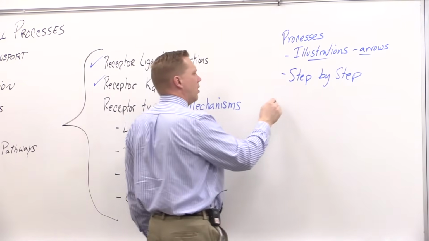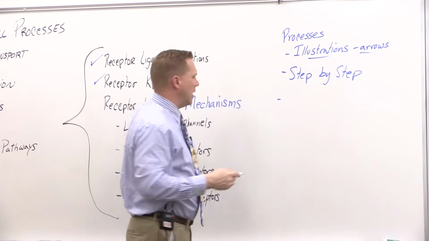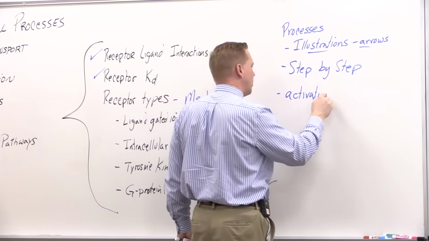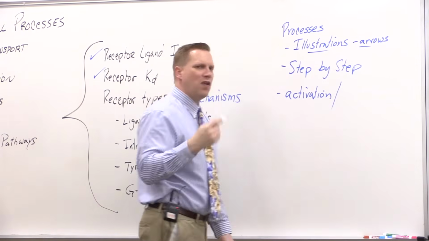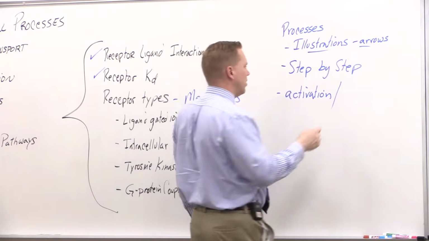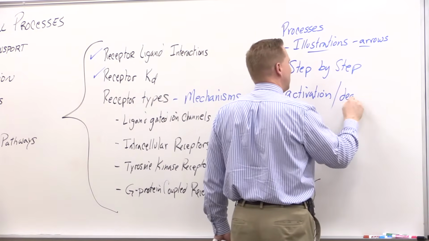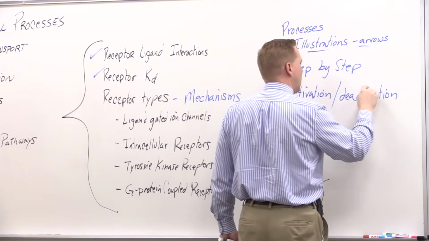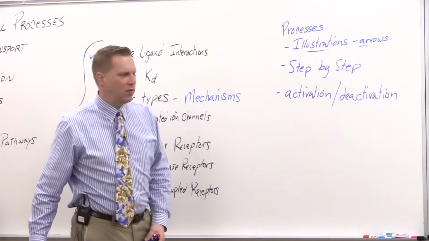The other thing I want you to note in these processes is we will talk first about activation, but realize that just as important in cell signaling processes is the deactivation, and how you turn the signal off.